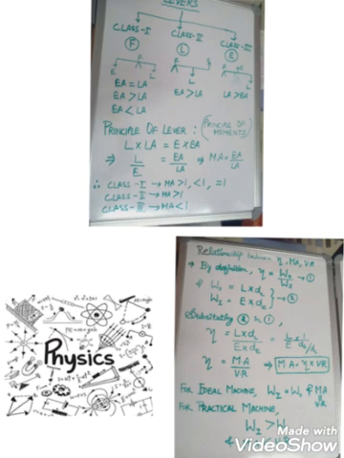Fine. So what is the difference between an ideal machine and a practical machine? For an ideal machine, the work input is equal to work output and mechanical advantage is equal to velocity ratio. For a practical machine, work input is more than work output. I mean, the input given is more, and the output that we are getting is very less as compared to the input. What is the reason behind that?